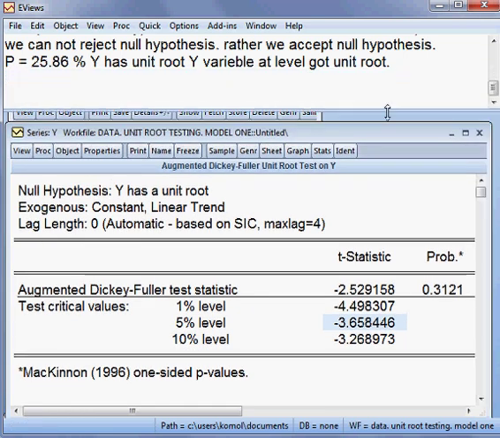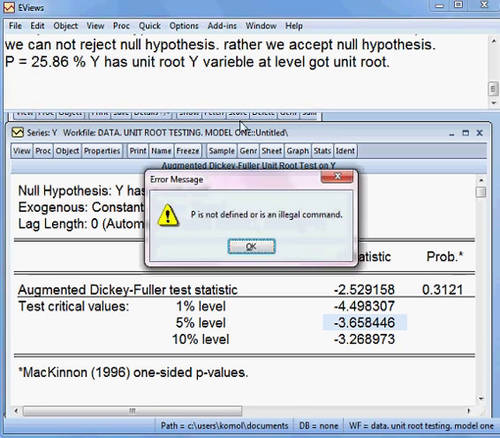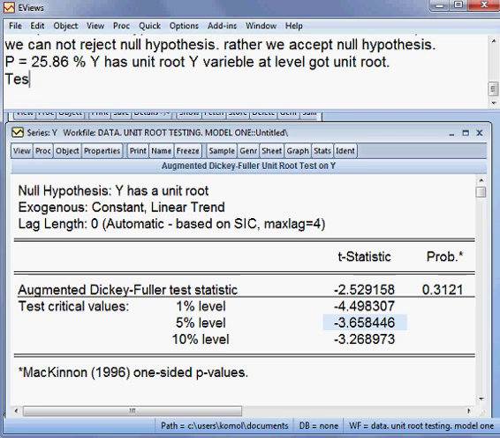The test statistics, how much? Here the absolute value of test statistics is 2.52, and the 5% critical value is around 3.65.